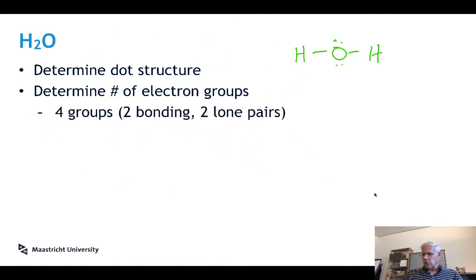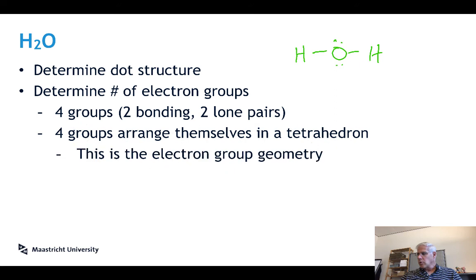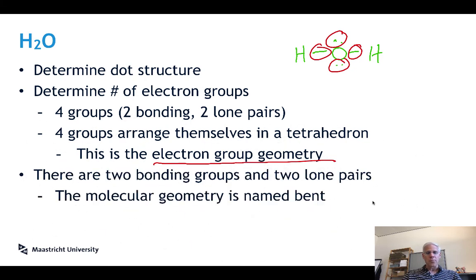The number of electron groups here is going to be 4: 1, 2, 3, 4. 2 of those groups are bonding. 2 of those groups are lone pairs. So my electron group geometry is going to be tetrahedron, because that's how 4 groups arrange themselves around an atom. When we look up the molecular geometry with 2 bonding groups and 2 lone pairs, we get something called a bent geometry.